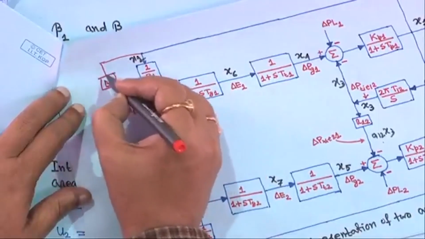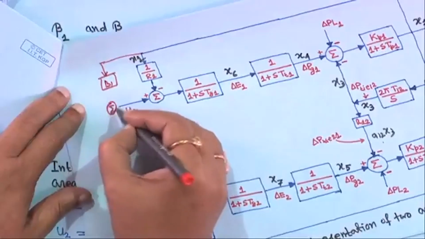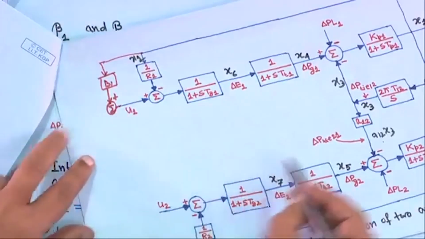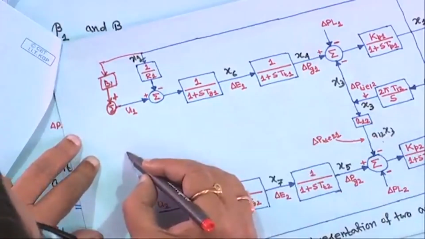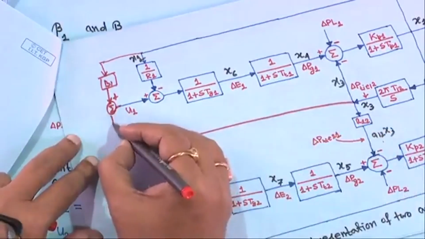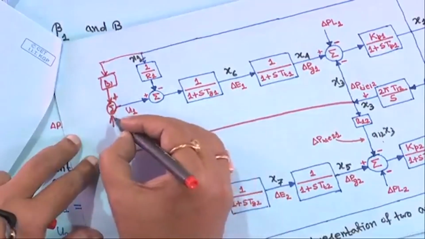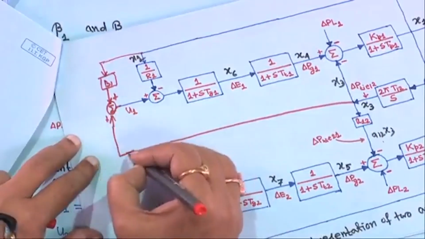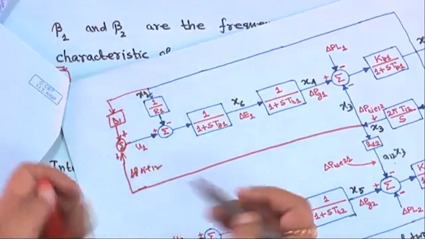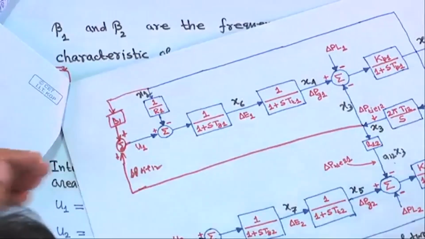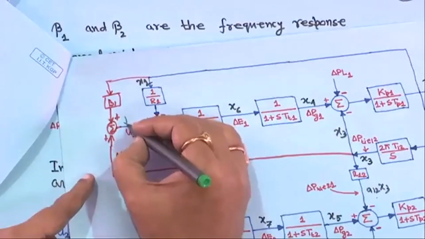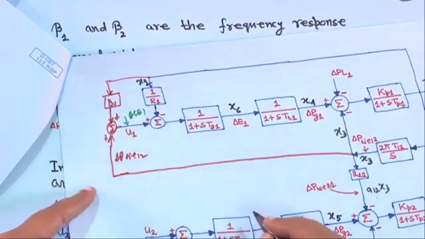This is B1, and here you put the summation symbol with plus signs, and this side comes the tie power, delta P tie 1 2. This output is AC1.